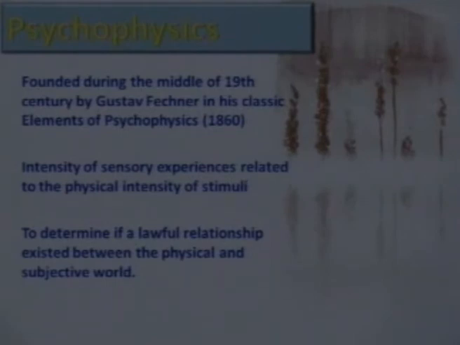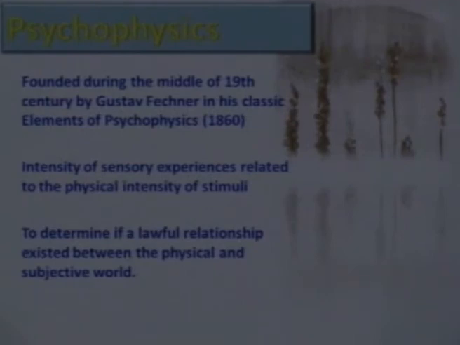A brief word about psychophysics. What is psychophysics? Actually, psychophysics grew out of the work of physicists like Weber and Fechner, who were first to experiment on human sensations. They quantified how intensities of sensations depend on the changes in intensities of stimulus, how intensity of stimulation affects our sensation.